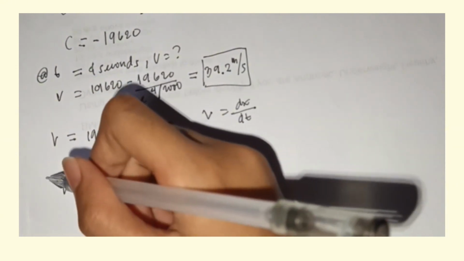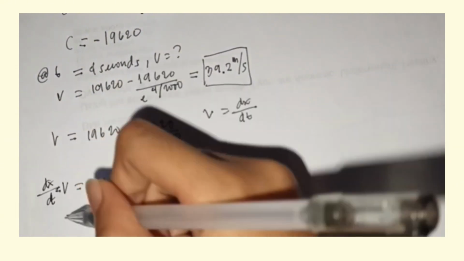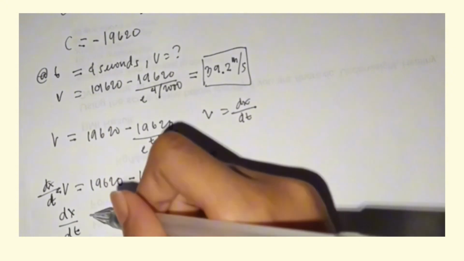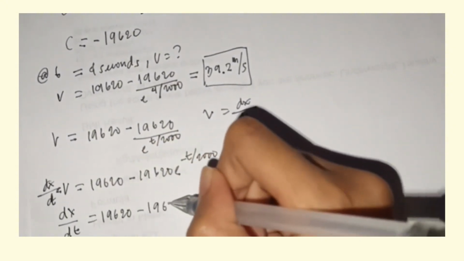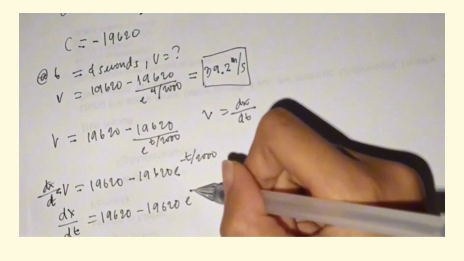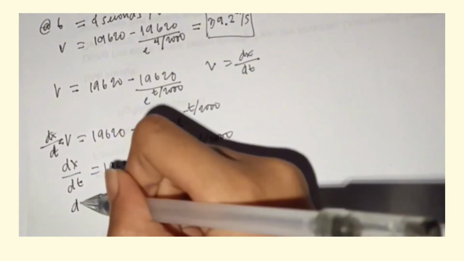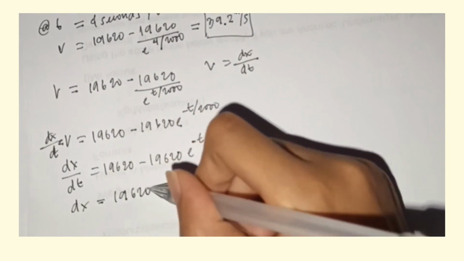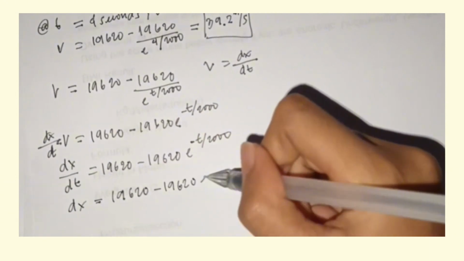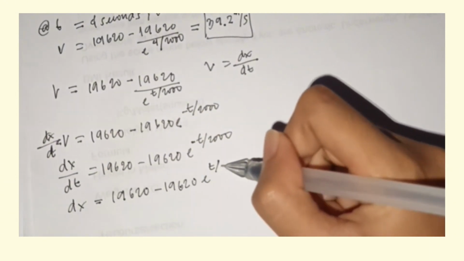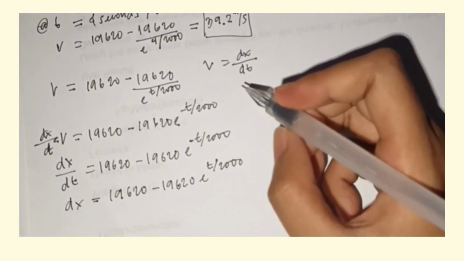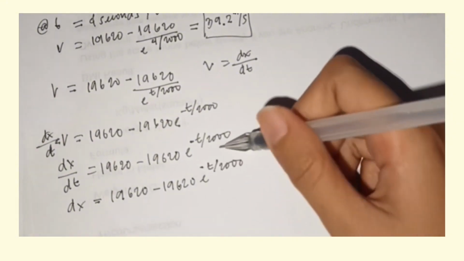So our v equals dx over dt. So we have dx over dt equals 19620 minus 19620 e raised to negative t over 2000. So cross multiply, so it will become dx equals 19620 minus 19620 e raised to negative t over 2,000 dt.